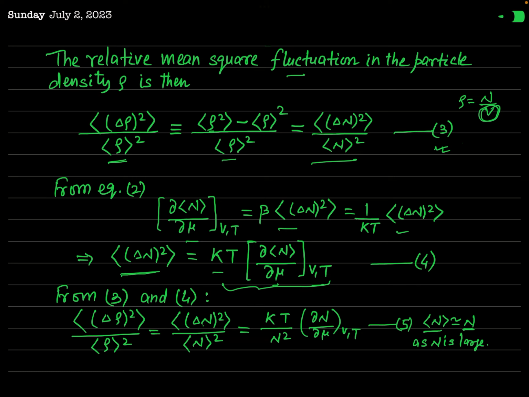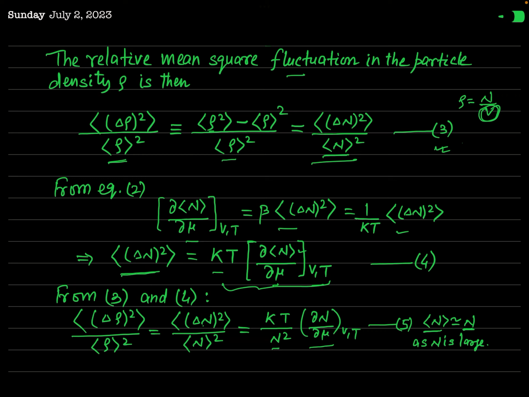So I have written here kt over n square. In place of this mean value of n square, I have written only n square. And at the same time, in place of this mean value of n, I have written here only n. So this is simply kt over n square, partial derivative of n with respect to mu at constant v and t.